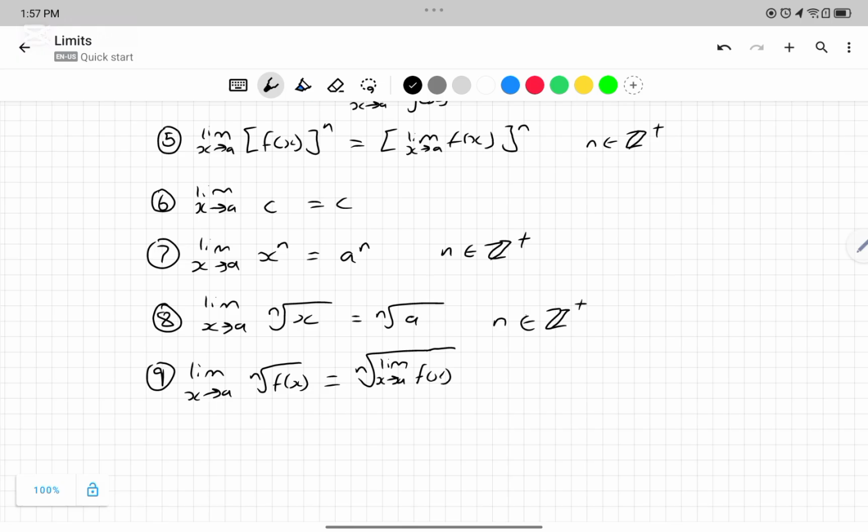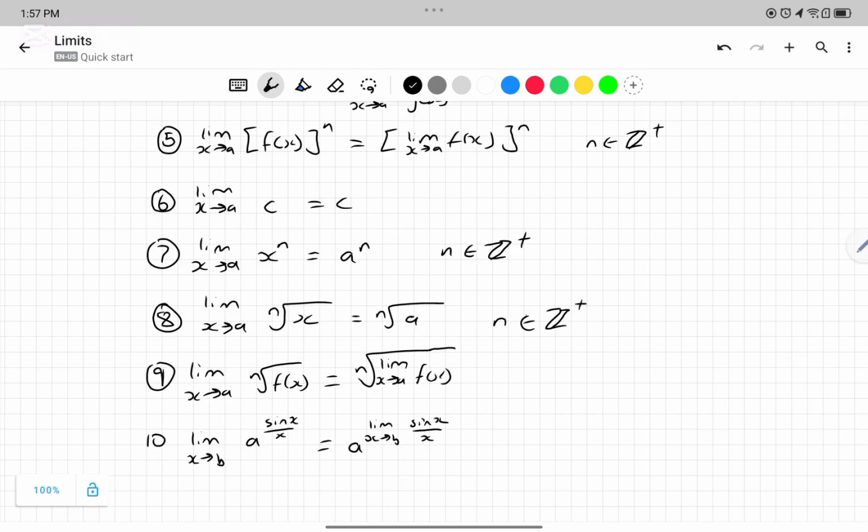And then for number 10, if we have, let's say, limit of a to the exponent of sine x over x as x approaches b, then this is equal to a to the limit as x approaches b of sine x over x.